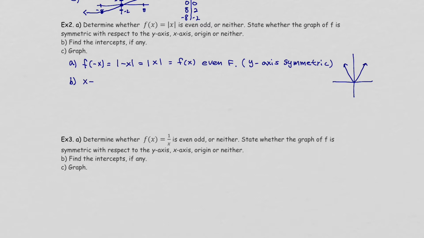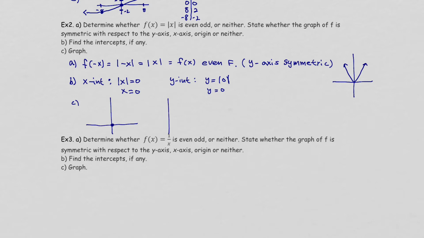Let's find the x-intercept. For the x-intercept, letting y equal 0, we get absolute value of x equals 0, so x is going to be 0. For the y-intercept, again, you're going to let x equal 0, right? So y will be 0. So with those two pieces of information, all I have in order to graph is 1 point.